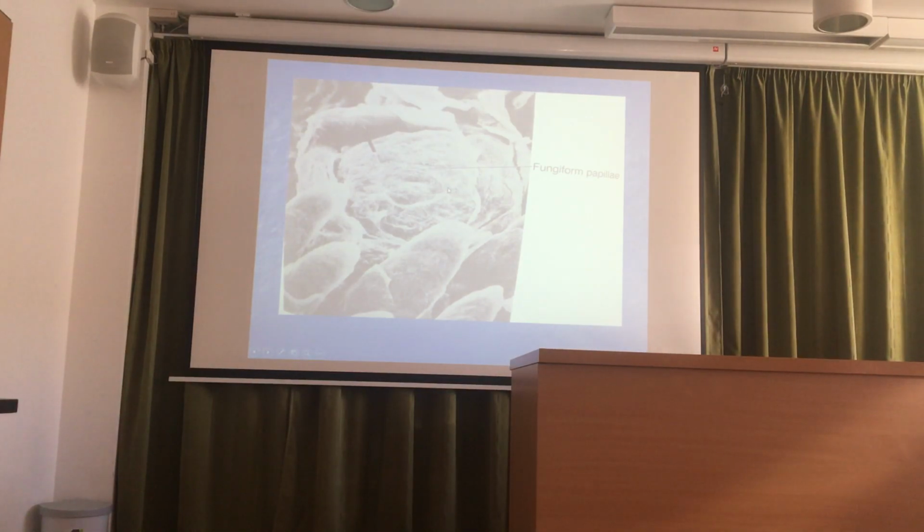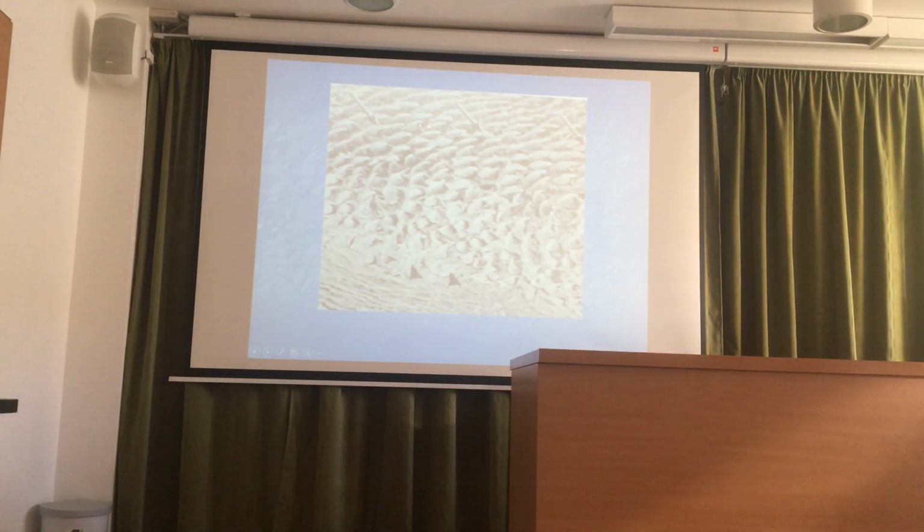This is a picture about the fungiform papillae. Here are the filiform papillae. Because of the structure of the filiform papillae, the tongue has a very rough surface. Some patients have no papillae. There are some illnesses, for example, we will talk about it in case of the vitamins.